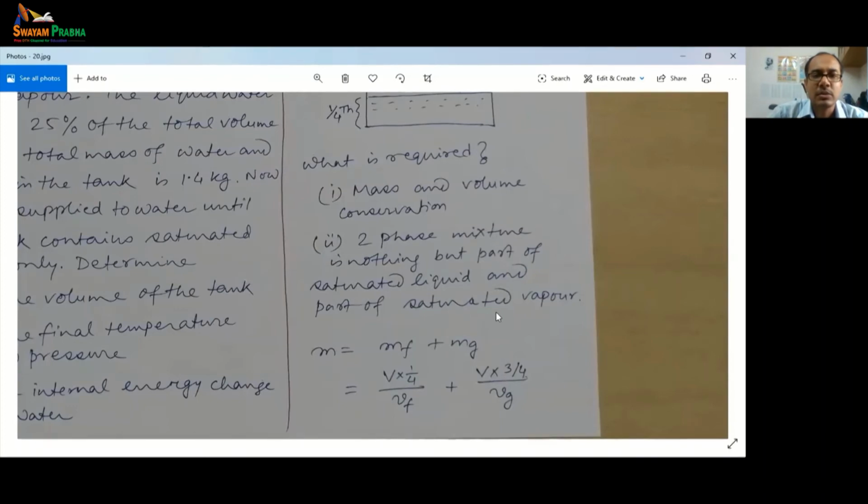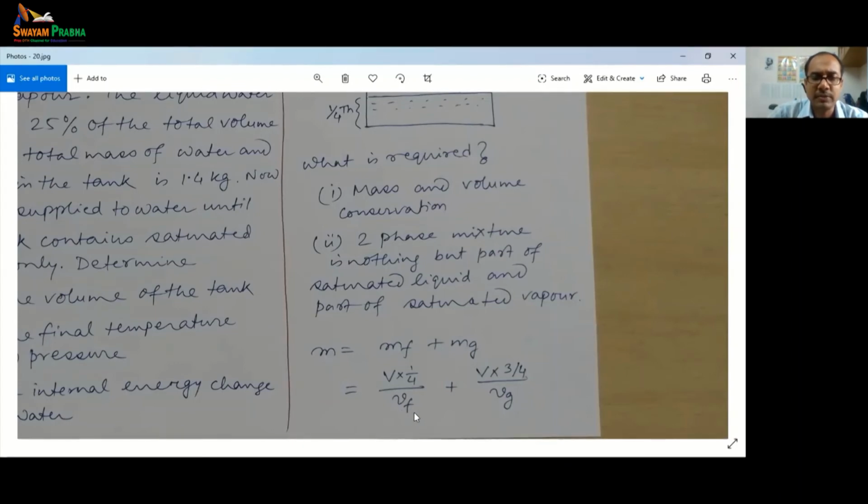Okay, so let's first solve for whatever condition is given. The total mass of water will be the mass of fluid plus the mass of gas or vapor, right? And this mass of fluid will be the volume of fluid divided by the specific volume of fluid, right?